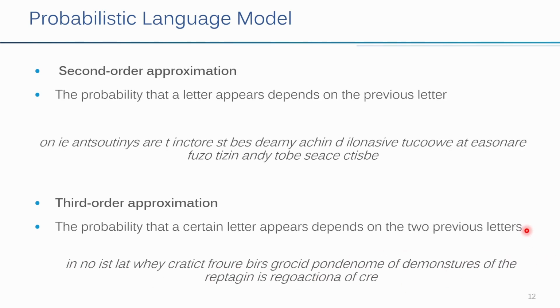Now, the further we move, if we have a second order approximation, we see that we are already able to see some words like on, are, and to some extent. And the more you grow with that, the more sense your text will make.